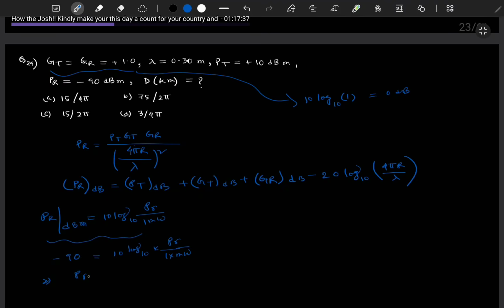So from here I think we can get it like 10 to the power minus 12 watt, actually it's not omega, watt. Similarly, PT we can get 0.01 watt. This is okay, I think.